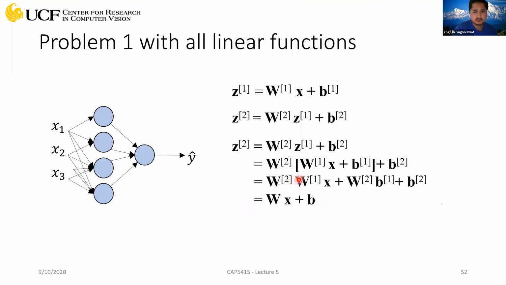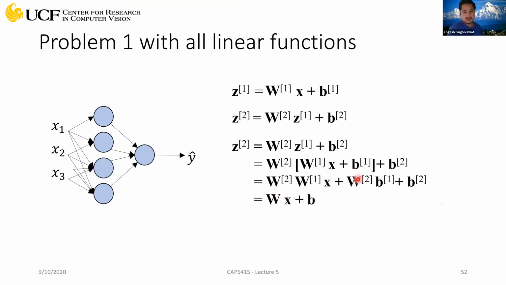And when you multiply two matrices, that will again give you another matrix, because these are just weights, so again these will be weights. And then this operation, you can actually sum up these values.